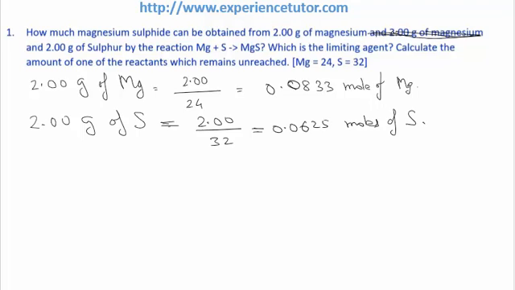From the equation Mg plus S gives MgS, it follows that 1 mole of magnesium reacts with 1 mole of sulfur to give the product. When we are given more moles of magnesium than sulfur, therefore sulfur is the limiting agent.